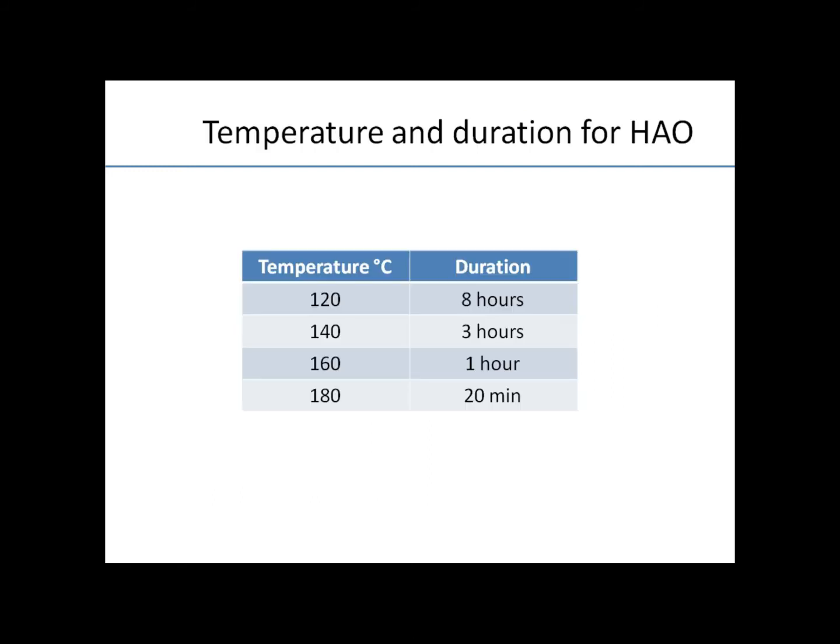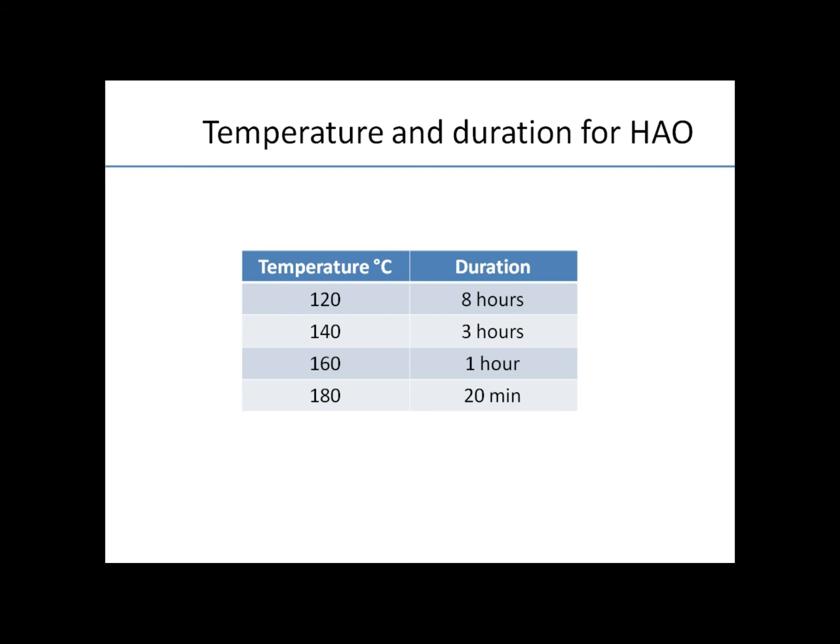Here also we have a temperature and duration relationship for the hot air oven. As the temperature goes up, the duration gets lessened. If the temperature is 120 degrees Celsius, then we have to keep the materials inside the equipment for 8 hours to ensure sterilization.